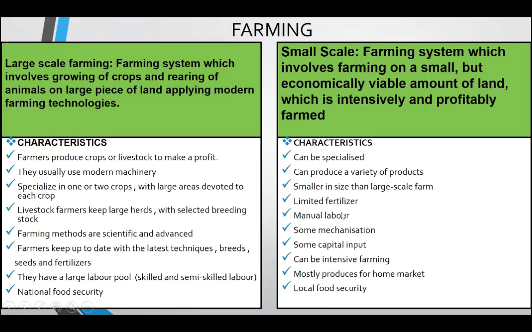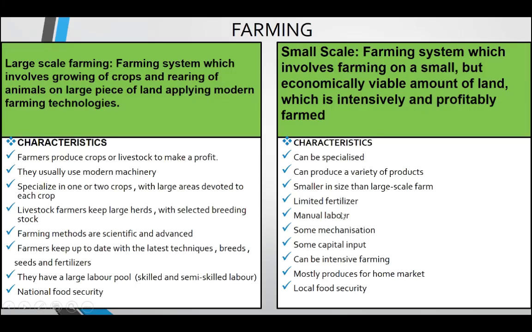Then you can also say it contributes to food security because it makes sure that small households have got their own meals. So it's one of the tricky questions that you can deal with when you have to answer whether it contributes to food security or it does not.